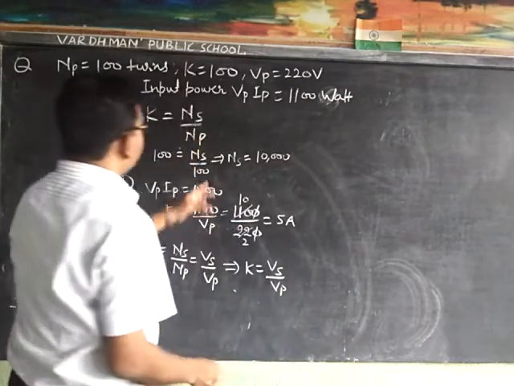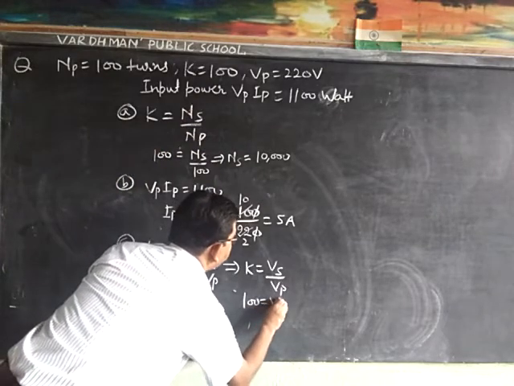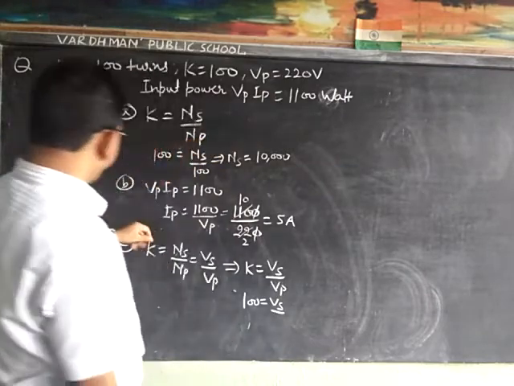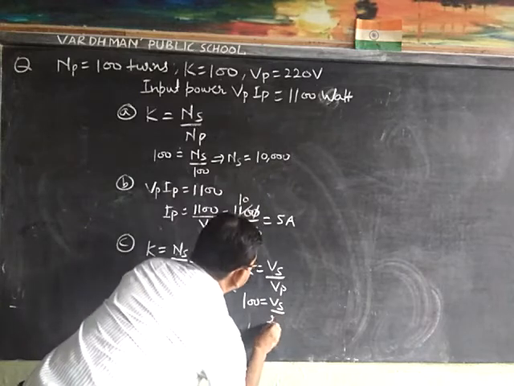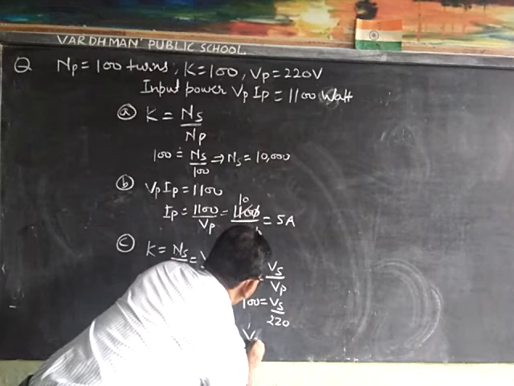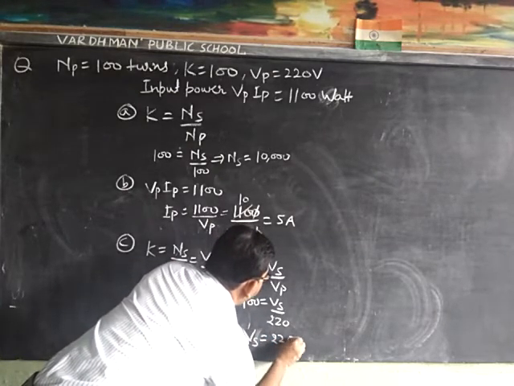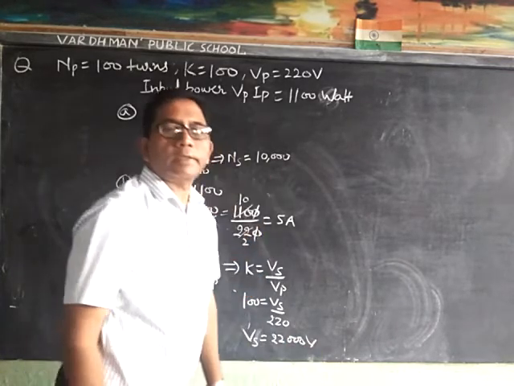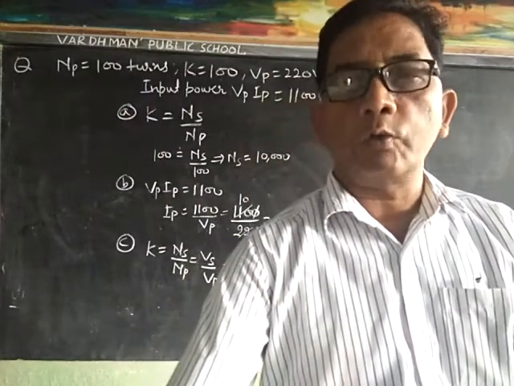What is the value of K? 100. So 100 is equal to Vs upon 220 volt. Vs is equal to 22,000 volt.